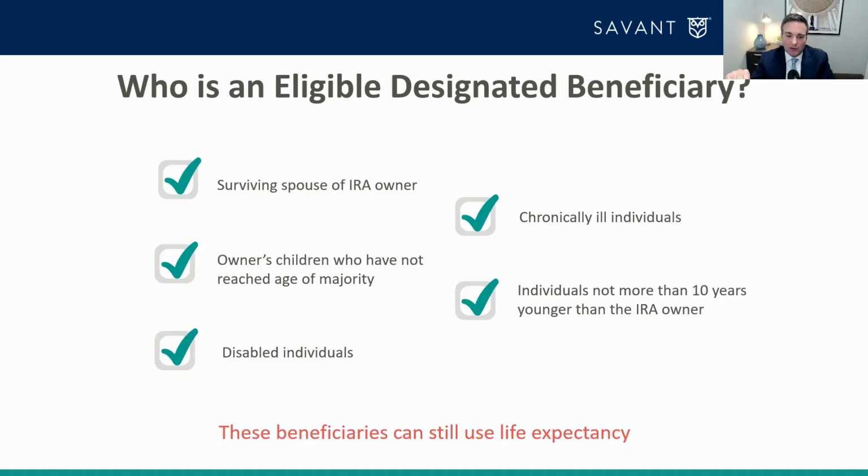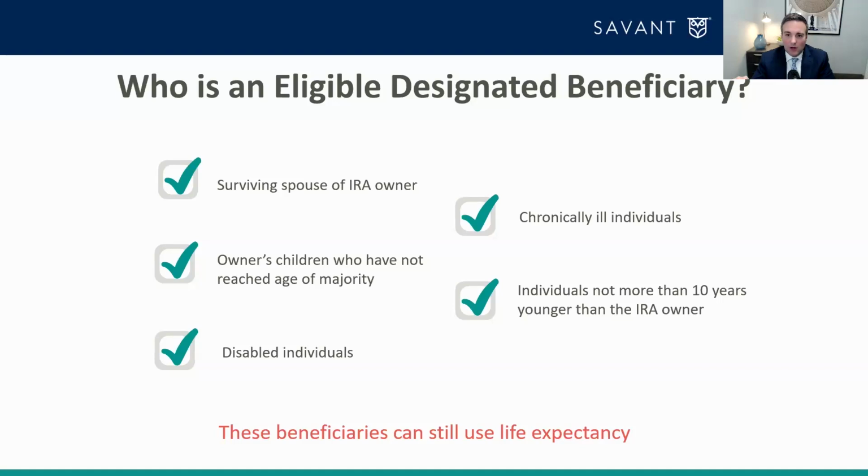If you leave your IRA to minor children under the age of 21, up until that age 21, there's a small required distribution based on the life expectancy of that minor child. But upon attaining the age of majority, again age 21, the 10-year rule would then kick in. So the entire account would have to be depleted by age 31. If you're a chronically ill or disabled individual, you can use life expectancy.